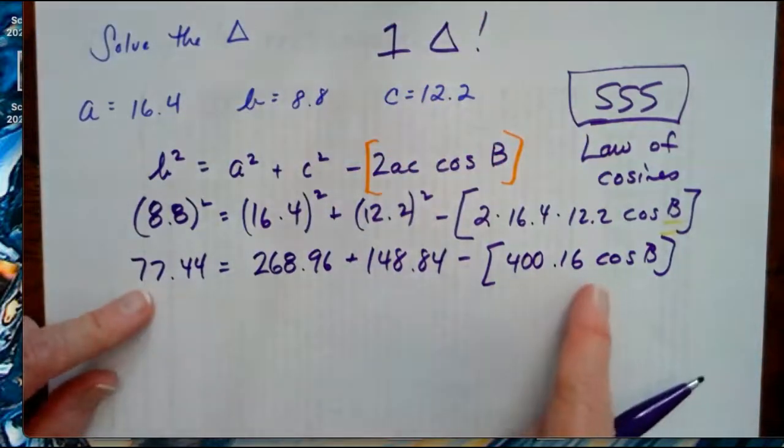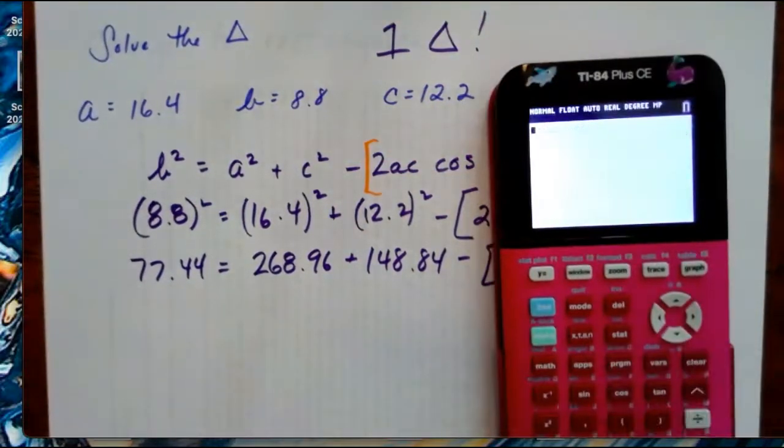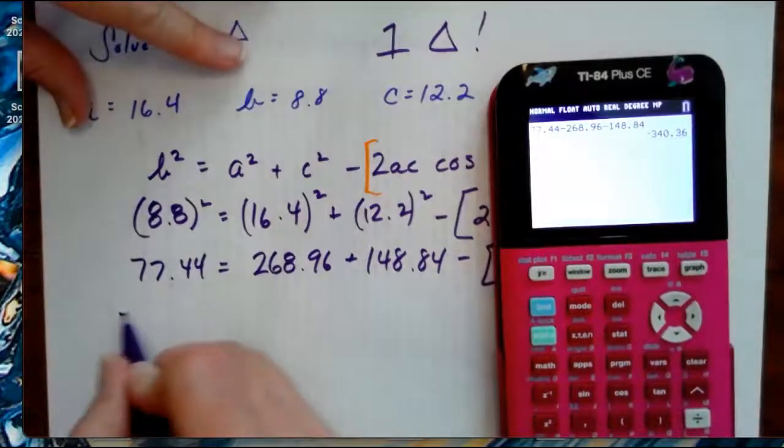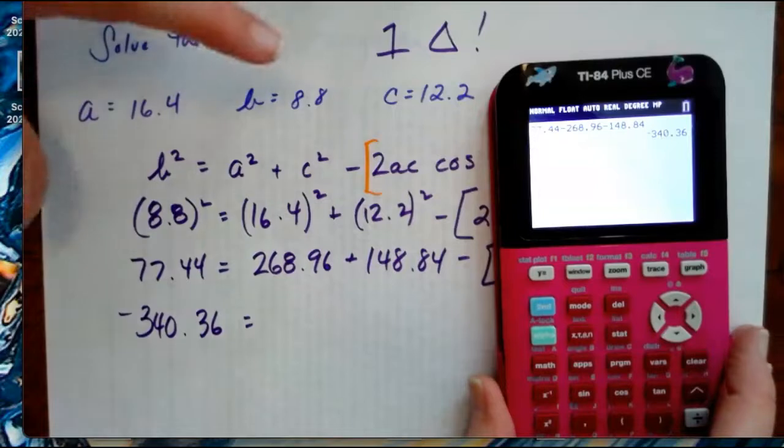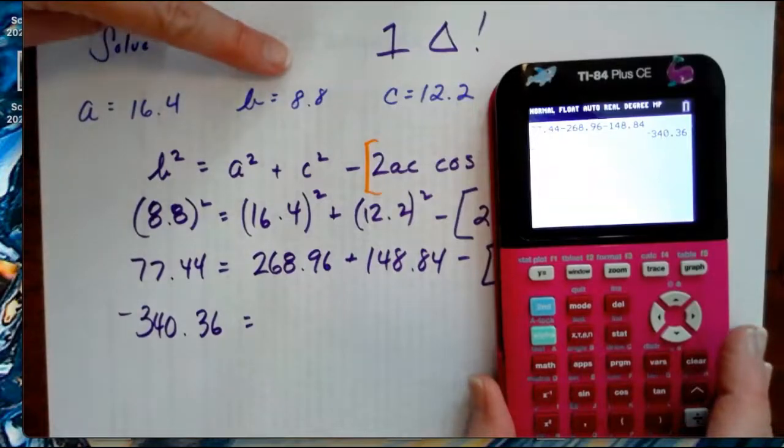So let's simplify and let's isolate this term. So 77.44 minus 268.96 minus 148.84 gives us negative 340.36. Remember, little b is the smallest, therefore angle b has to be acute.